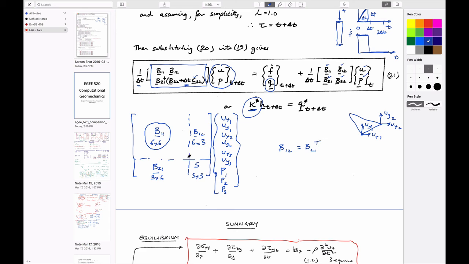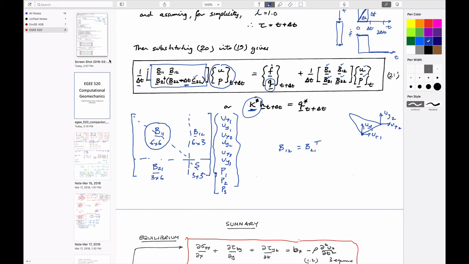It has a chance of being that because it has the right size. The sizes are transposes, but actually they are the transpose of each other. And so since B11 is a symmetric matrix and the storage matrix is symmetric, even when it has Darcy's law added to it, then this whole matrix system is also still symmetric. Kind of interesting, I think.